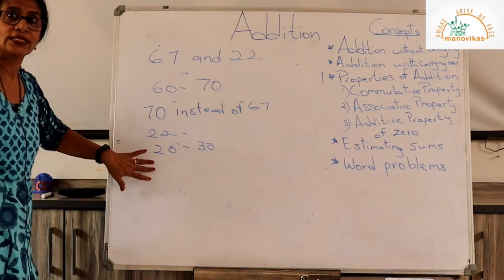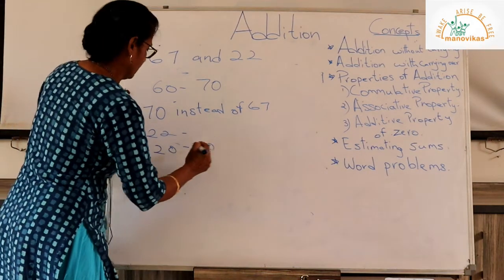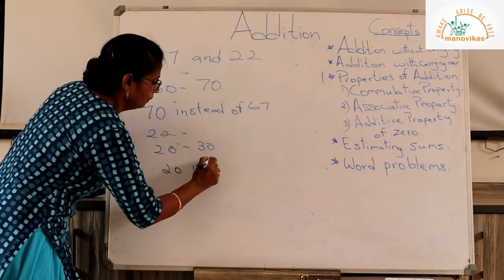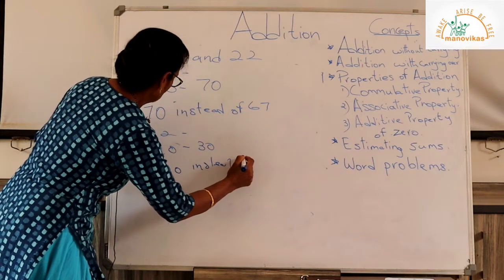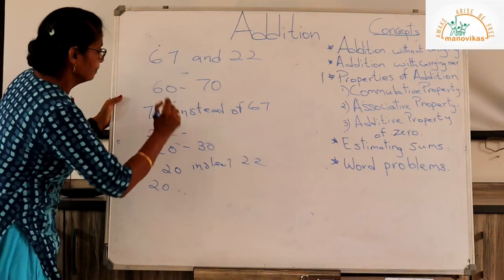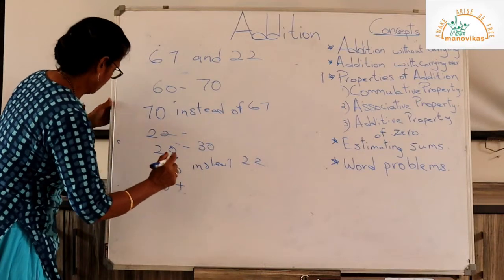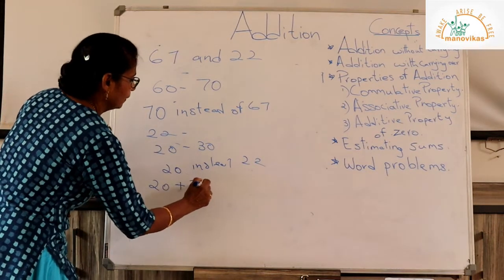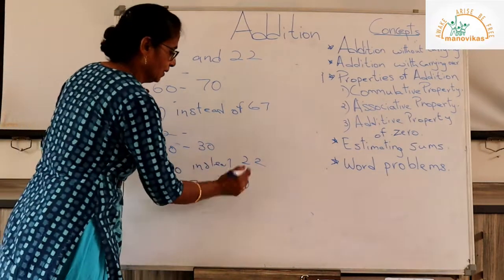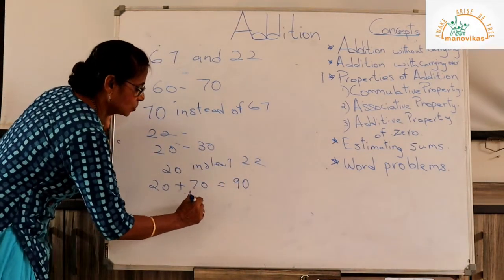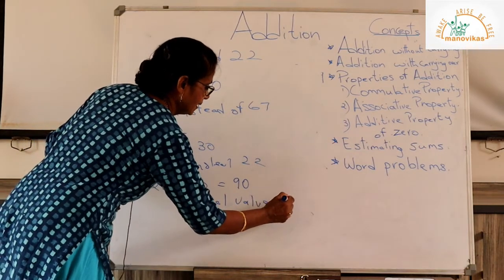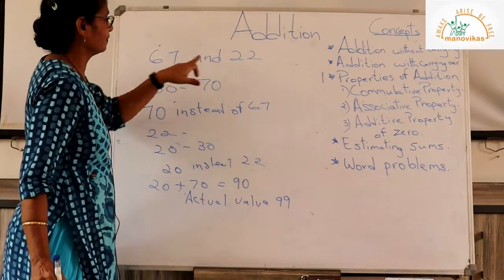Since it is closer to 20, we will take 20 instead of 22. So 20 plus 70 is equal to 90. The estimate value is 90, but the actual value is 99, because 67 plus 22 gives you 99.